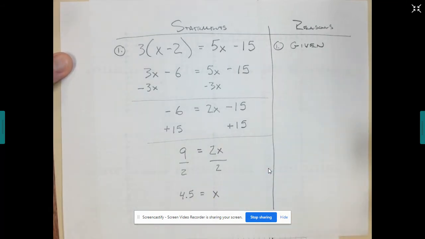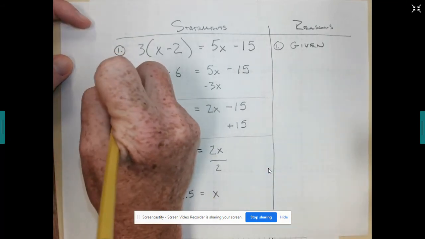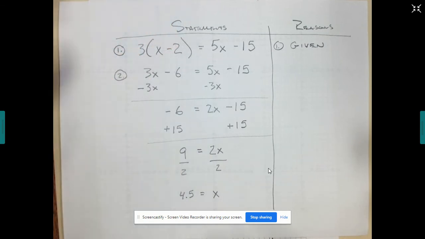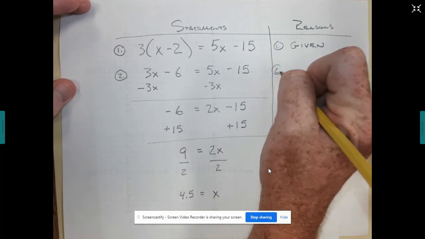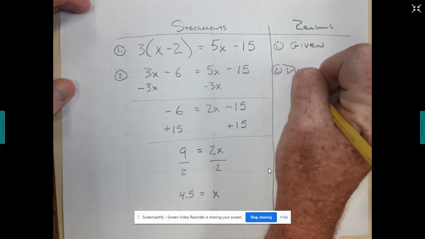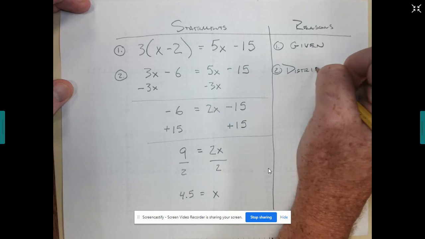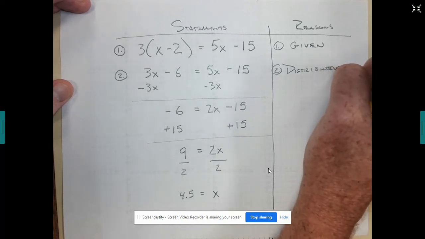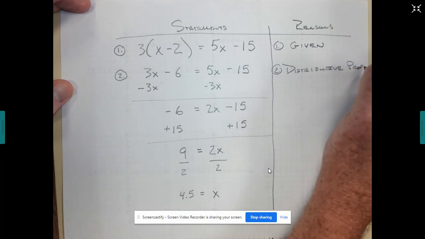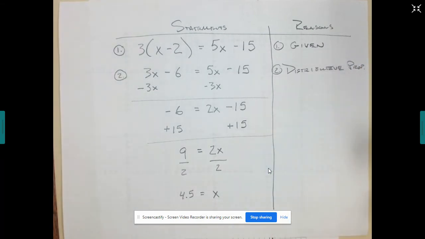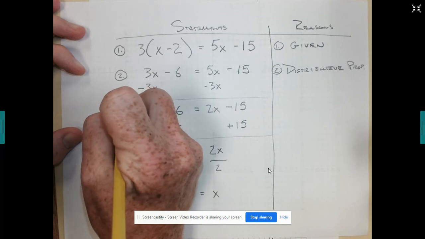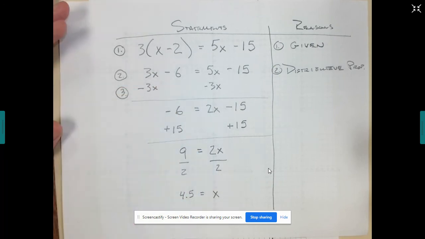All right? Now, do you remember why we were able to make step 2? We had this 3. We ended up distributing through there. That's actually referred to, just like we said, as the distributive property. So for every move that we make on this left side, we need to have a good reason on the right. Now, not in every proof will you see this, but we can actually show our work in a proof.